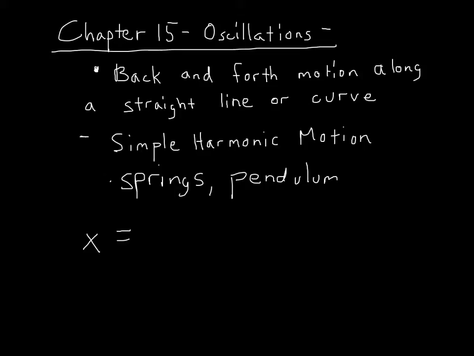The easiest equation for describing simple harmonic motion is going to be x, our position, is equal to A times cosine of omega times t. And this is going to give me the position of a bouncing object at any time. A is something called the amplitude.